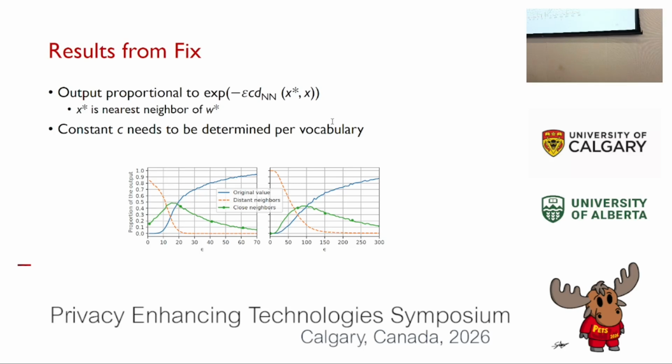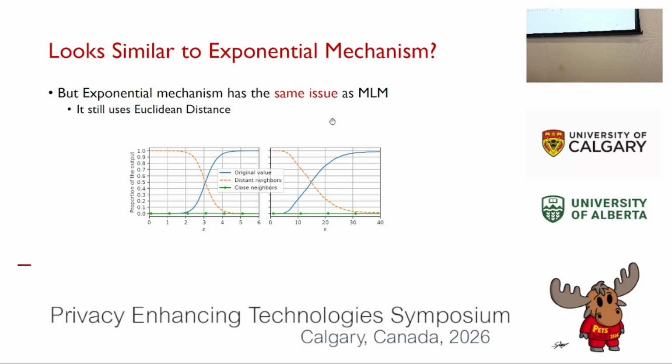This might look similar to the exponential mechanism. But we show in the paper that the exponential mechanism also suffers from the same issue, and that's because it's using the Euclidean distance.